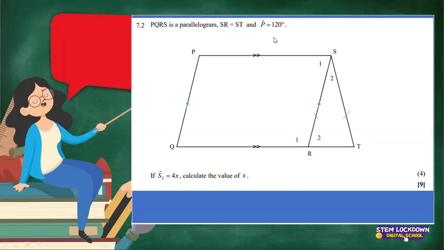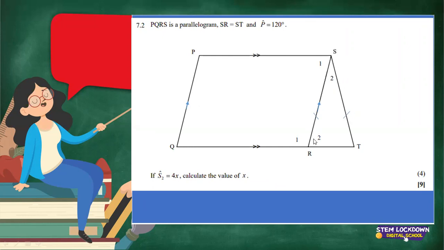Now, angle P is 120 degrees. If angle S2 is 4x, calculate the value of x. So how are you going to do that? Where do we start from? SR equals XT. XR equals XT. What does that tell us?